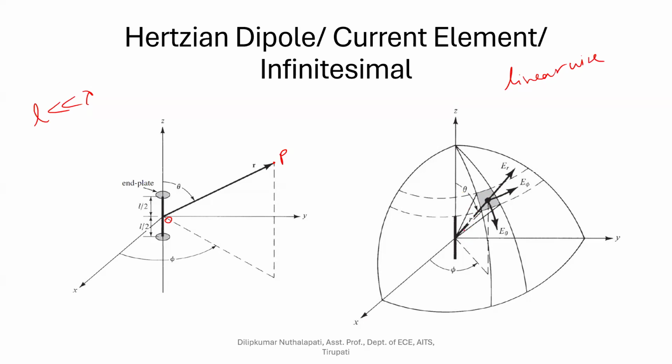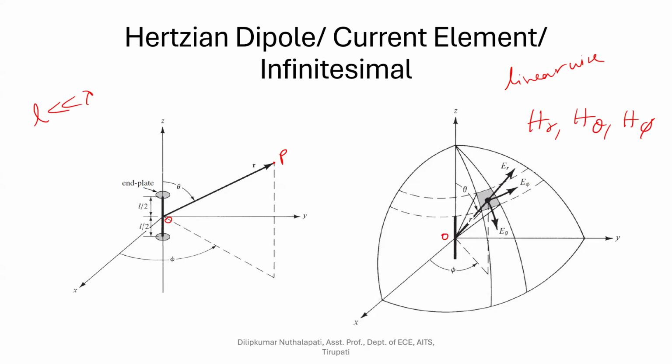R is the distance from the origin to the field point, and Er, E theta, E phi are the electric field components. Similarly, we have the representations of Hr, H theta, and H phi, the magnetic field components, also considered in these three coordinates.